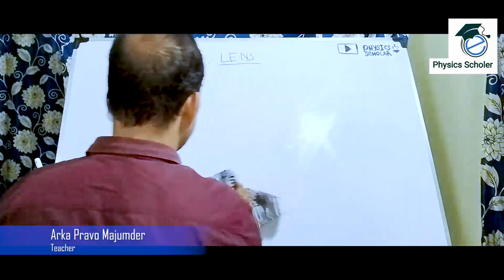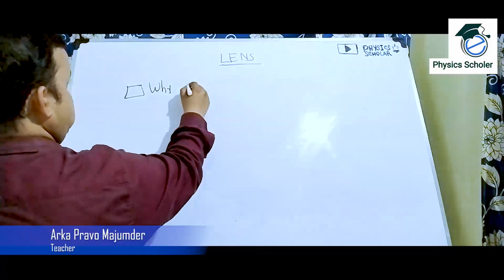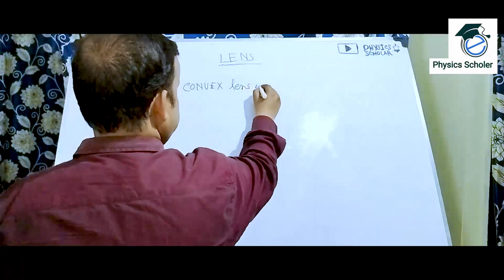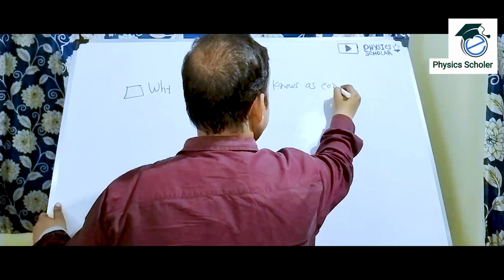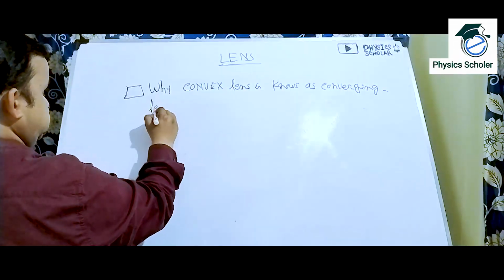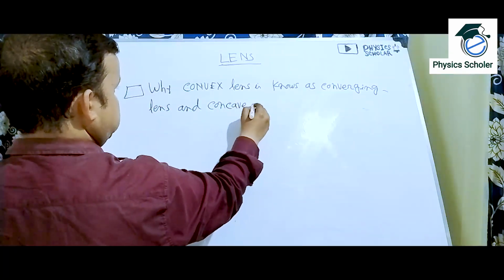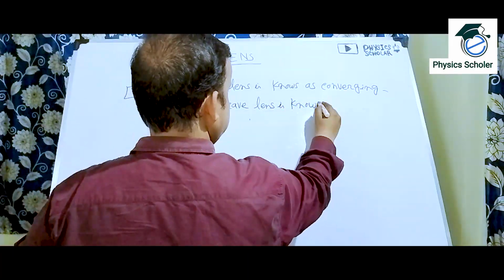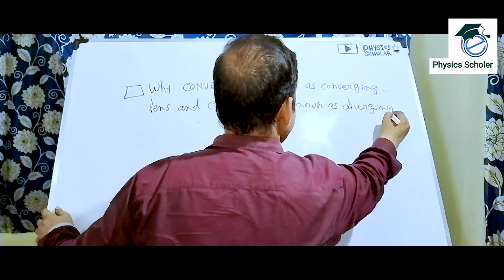Now, why is a convex lens known as a converging lens and a concave lens known as a diverging lens?